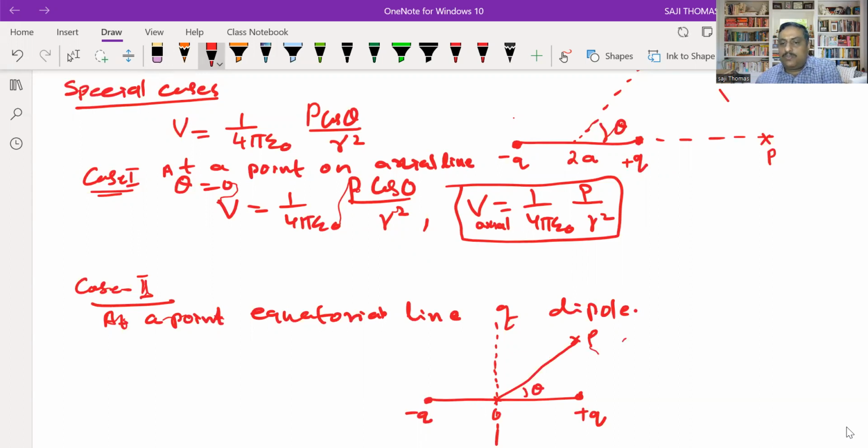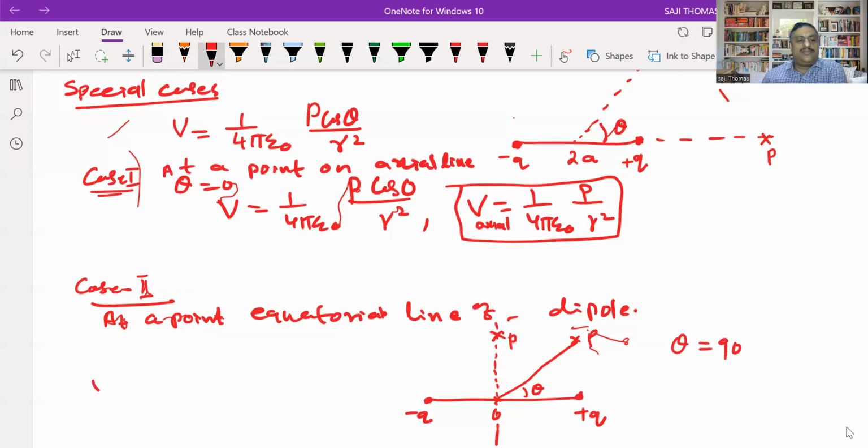If you consider this point on the equatorial line here, what will be the theta then? If you take the point P on the equatorial line here, what will be this angle? This angle will be 90 degree. So theta is 90 degree.